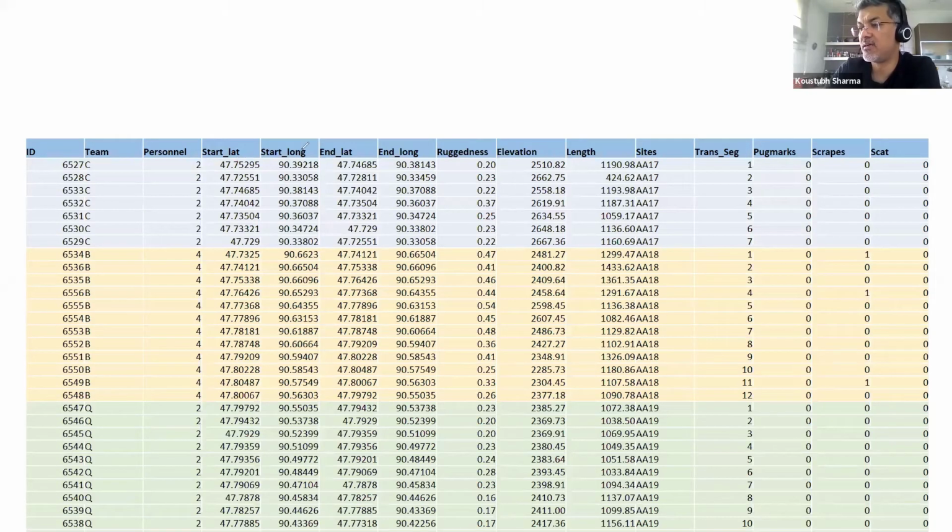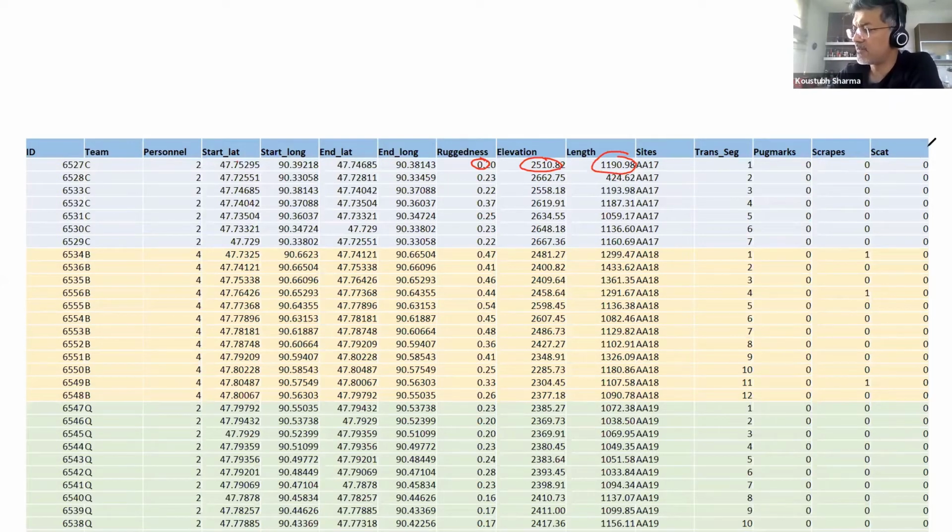So the starting latitude, longitude, ending latitude, longitude, and then these are specific values of those potential covariates that are likely to have affected people's ability to detect or miss a snow leopard. And then you have transect segment, the transect length, and so on.